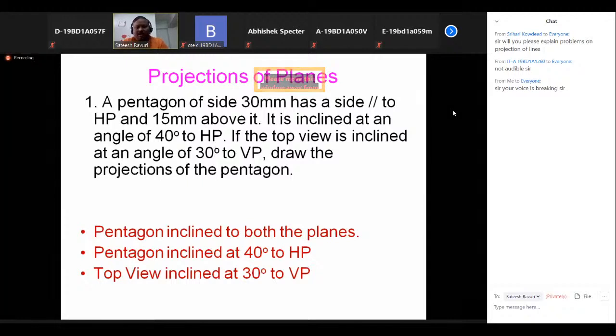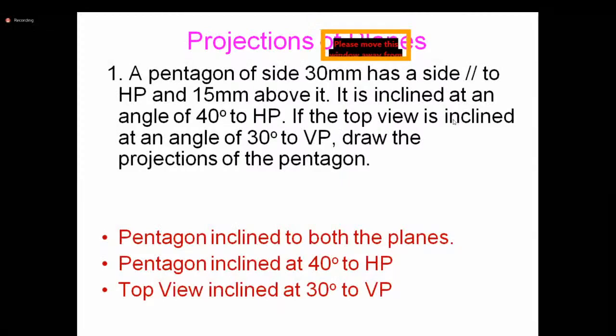What does it mean by the pentagon being inclined at 40 degrees to HP? The surface of the pentagon is at 40 degrees to HP. This is how you have to analyze. It will not be mentioned that the surface of the pentagon is inclined at so and so, but still you have to realize that whenever a pentagon is inclined at 40 degrees, it means the surface of the pentagon is inclined at 40 degrees to HP.